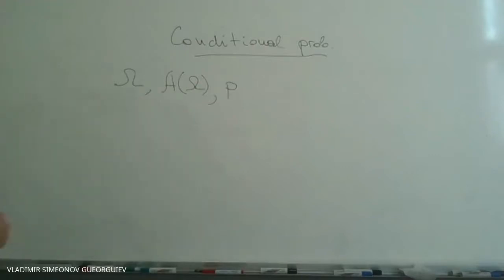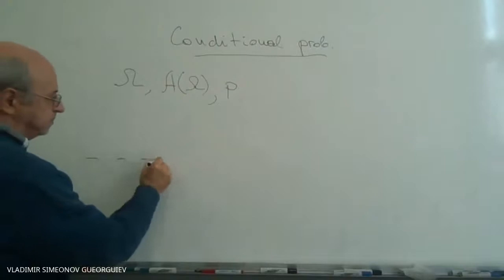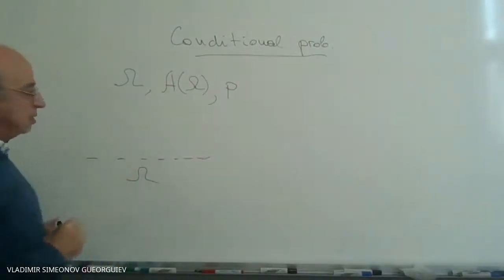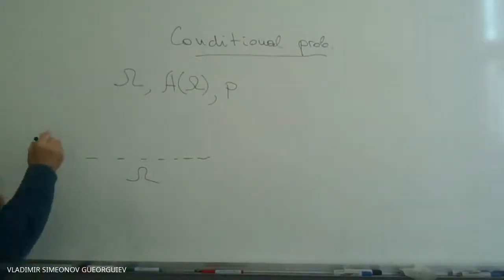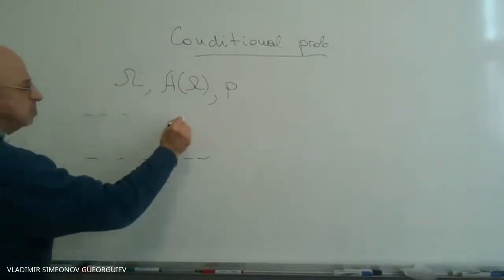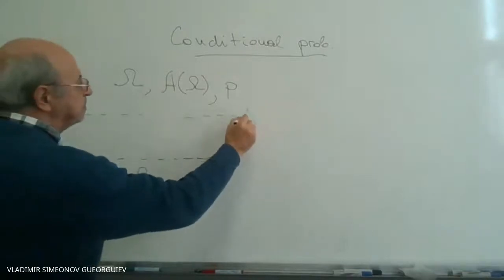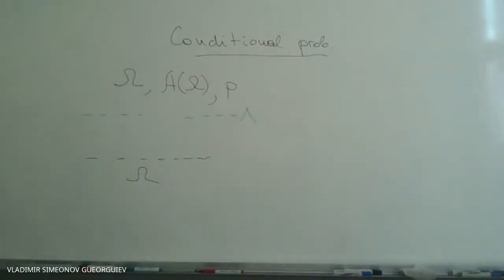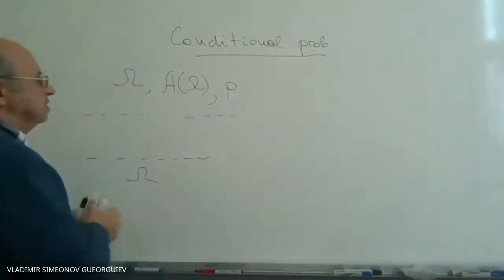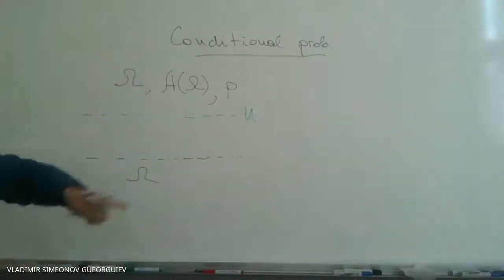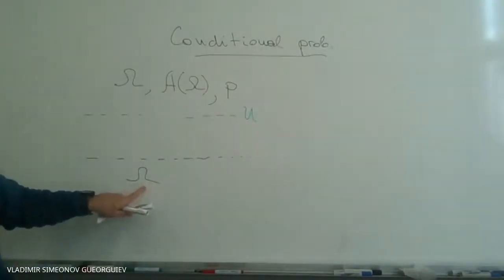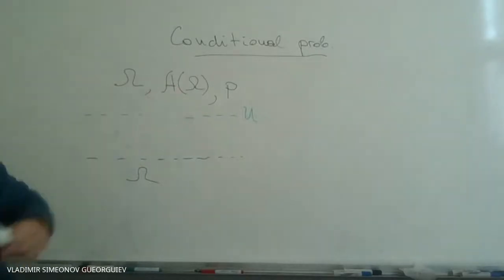In our set omega, suppose that with some criteria we have already determined a kind of event, some specific set A. Let us call it, as usual, U. This kind of event that may happen, for us the event is simply a subset of our probability space omega that belongs to this algebra.